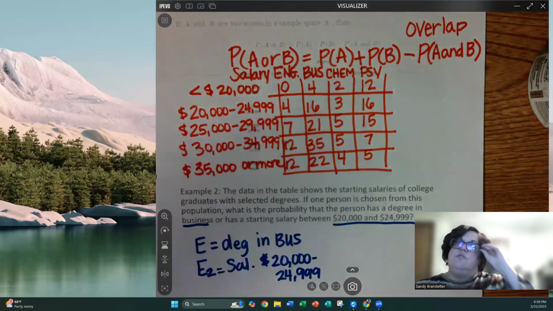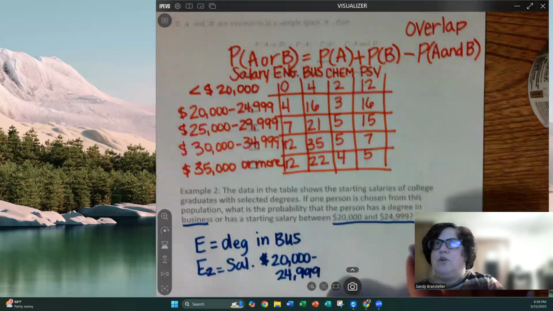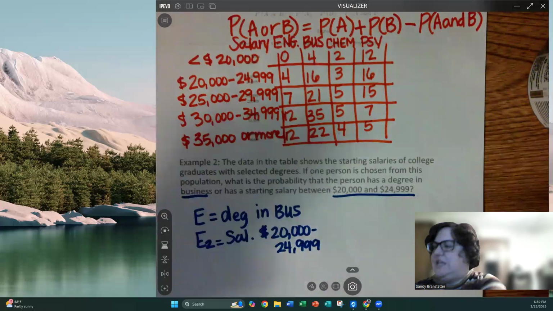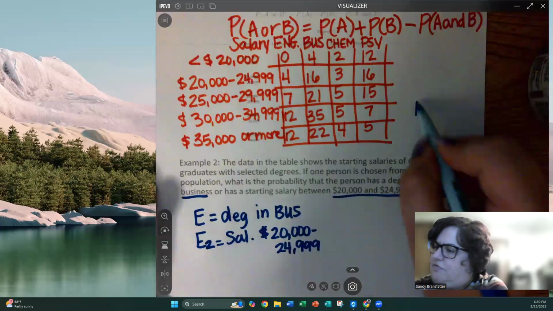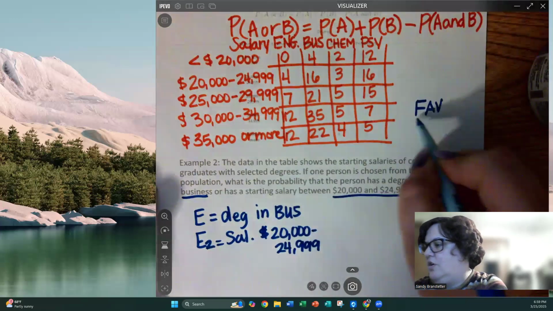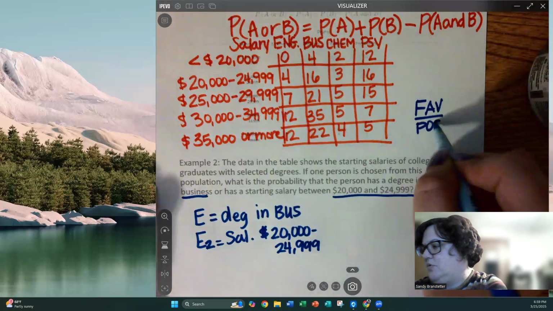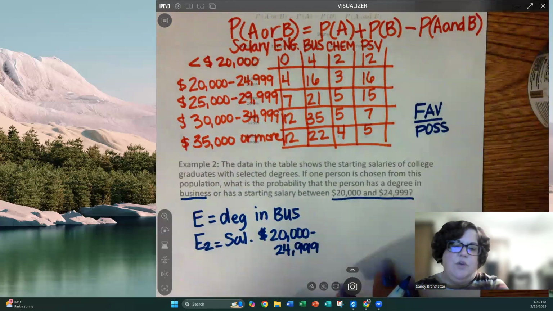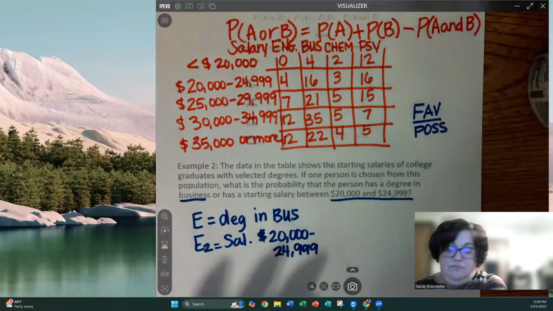So we have to do some totaling because remember, for probability, we need the number of favorable over the number of possible. So we're going to do a little adding.